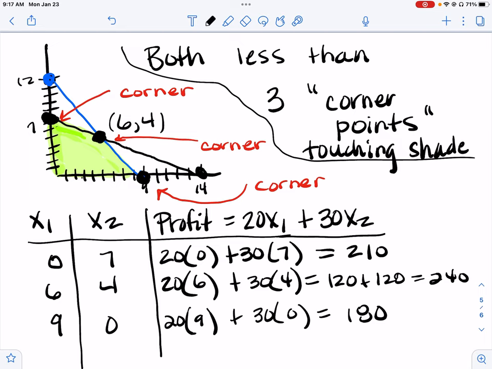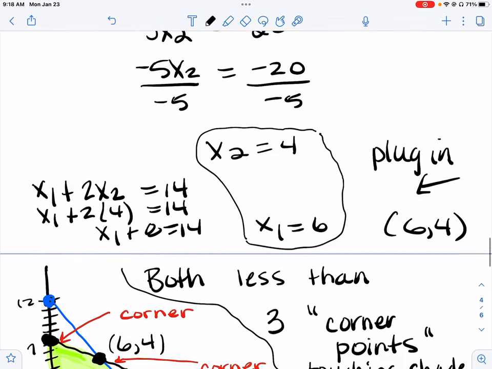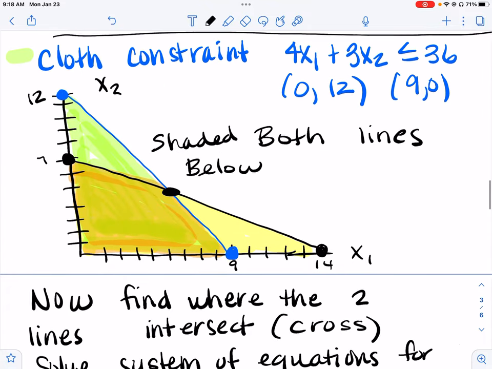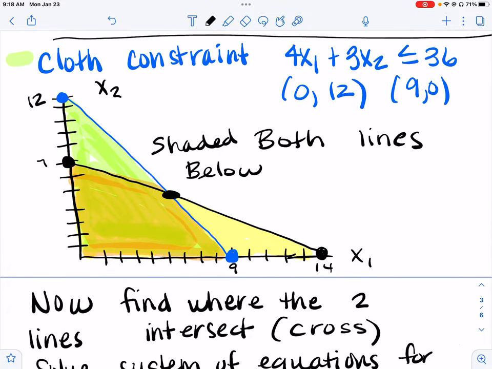Okay. The 3 points that you choose must be touching the shaded area. Okay, what is that shaded area? That green area right there represents this area that's shaded below both lines.